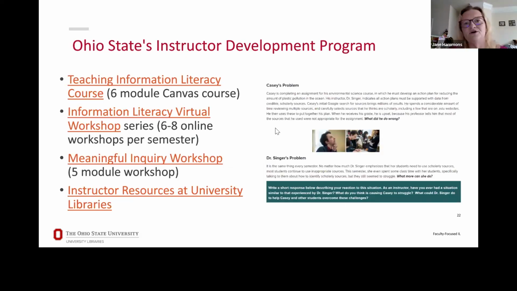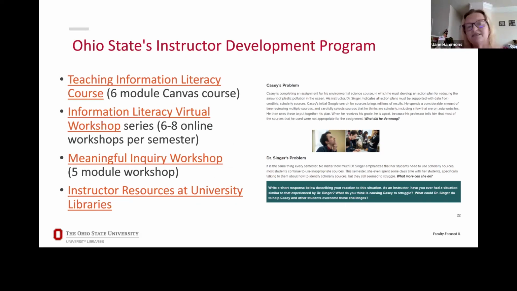So I wanted to give an example of what we do at Ohio State. Some of the things that we offer: I designed and facilitate a 6-module Carmen Canvas course called Teaching Information Literacy that any instructor in the university can sign up and complete. I offer regularly teaching information literacy workshops, normally 6 to 8 workshops a semester for faculty.